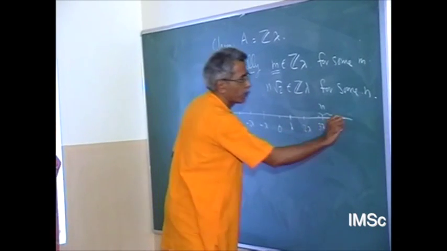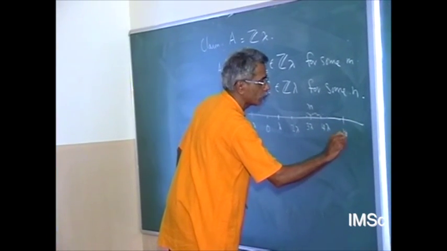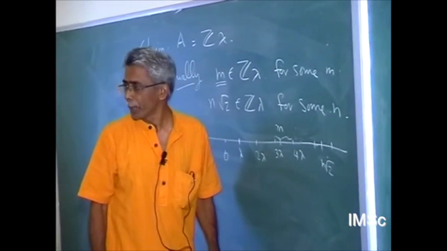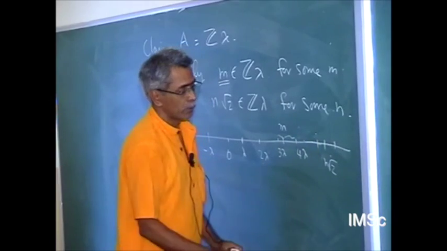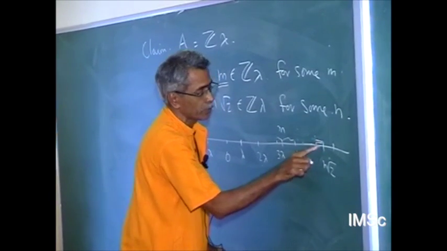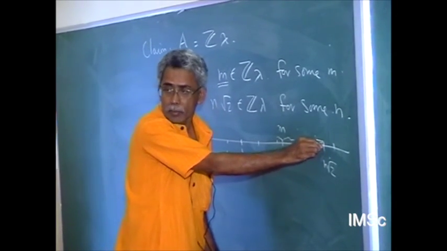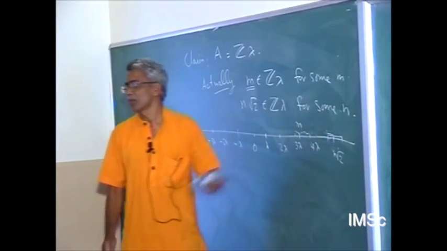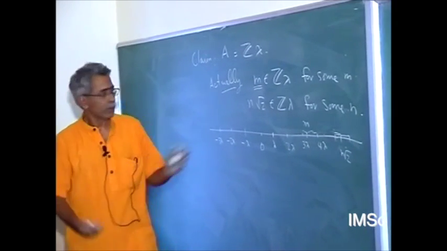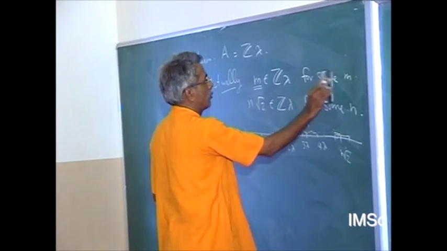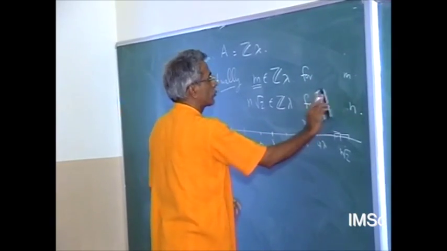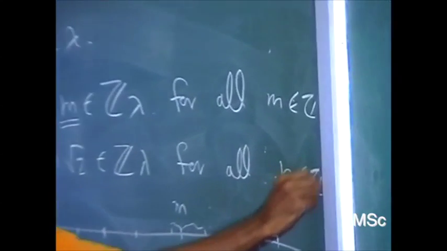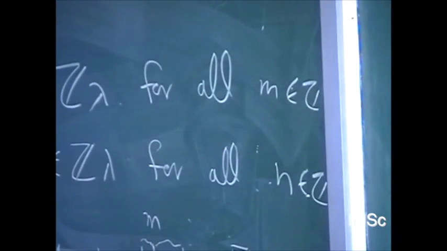Otherwise, some multiple of root 2 is caught between two successive multiples of lambda. Then I can just subtract, and this will be something of length strictly less than lambda and positive, and that will belong to A. That's not possible. So this is in fact true for all, and that will mean that A is in fact Z times lambda.